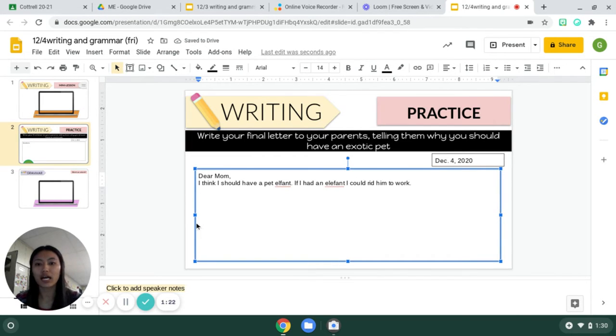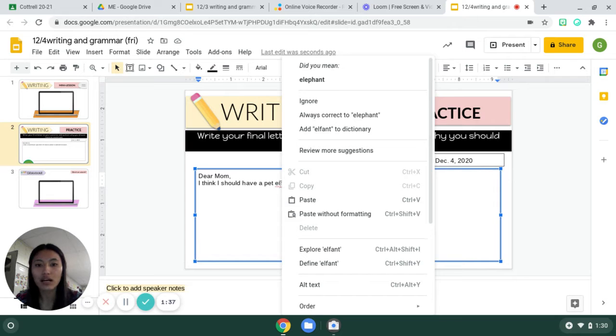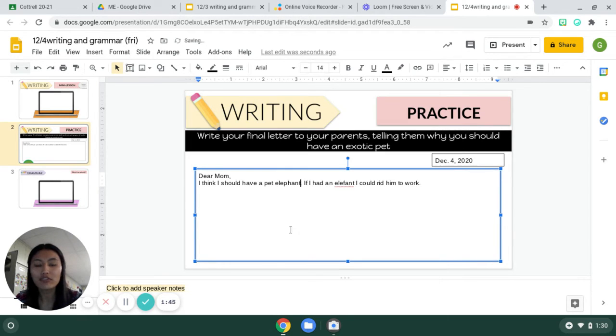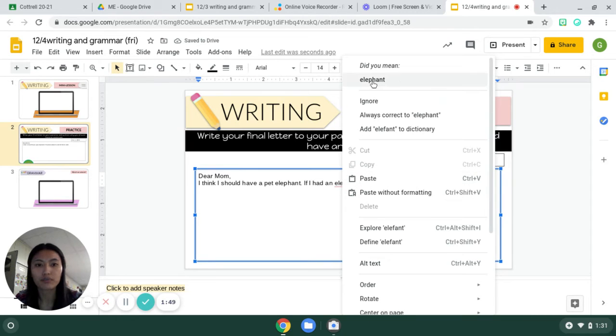Okay, as I'm typing, I see that it looks like I maybe spelled some things wrong in my writing on my rough draft yesterday, and I can tell that because there are red lines under some of my words, and that means I didn't spell them right. So I'm going to right-click on that word, and I'm going to go up here, and do you see where it says, did you mean elephant? And I can click on that, and it fixed my spelling for me. And I'm going to do that over here too.